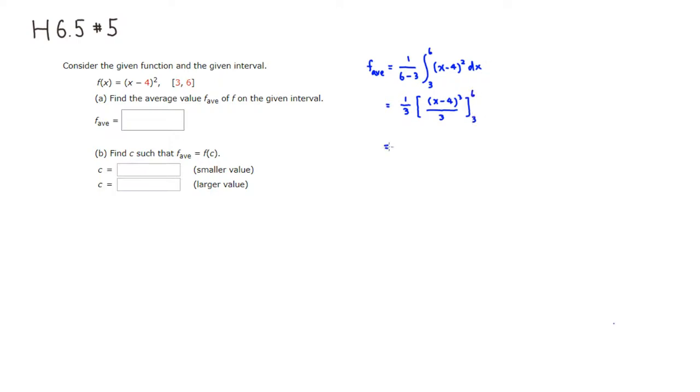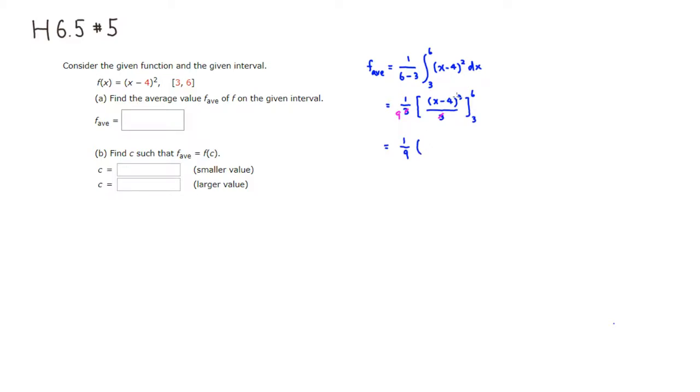So this is going to be 1 over 3. Actually, I'm going to pull the 3 out, so that's going to be 9, so it's 1 over 9.